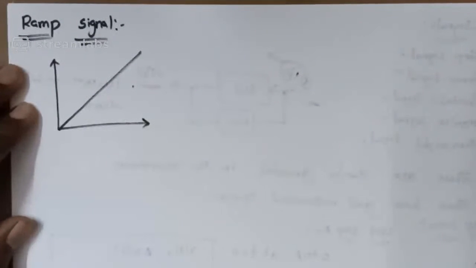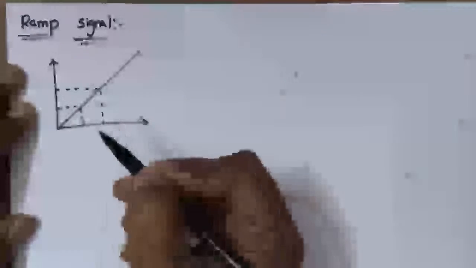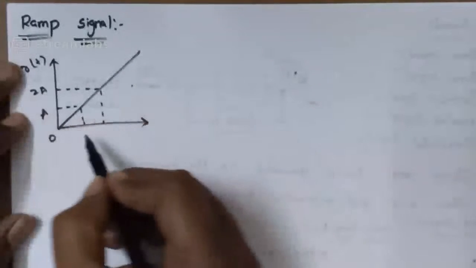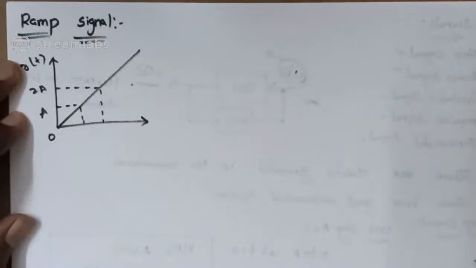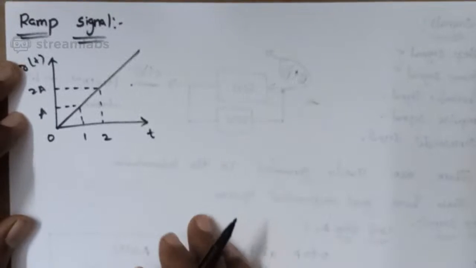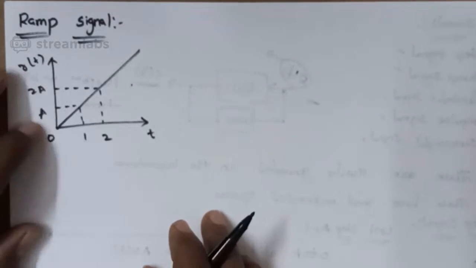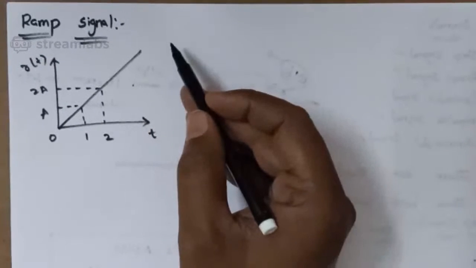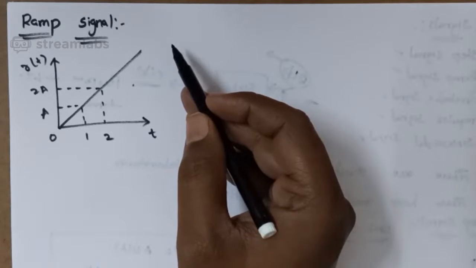Okay, let us see the waveform. 0, R of t, A, 2A, 1, 2, t.